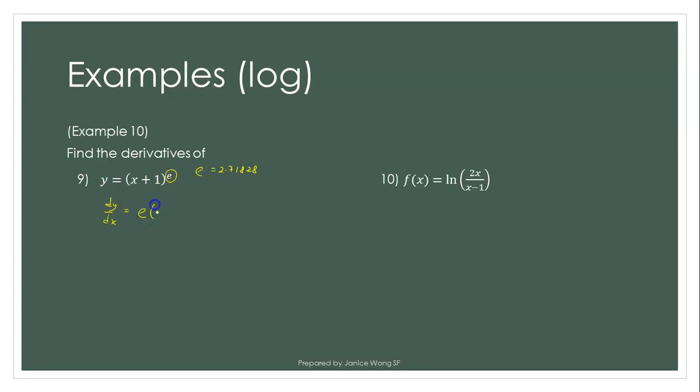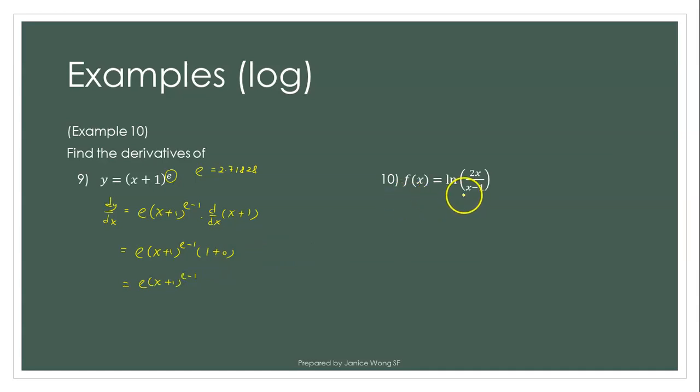Bring the power down, the same term, power minus 1, and we times the differentiation of the bracket. We apply the power rule here. Therefore, we get e times (x plus 1) to the power of e minus 1. Differentiate x is 1, differentiate 1 is 0, so it is 1 plus 0. The final answer is e times (x plus 1) to the power of e minus 1.